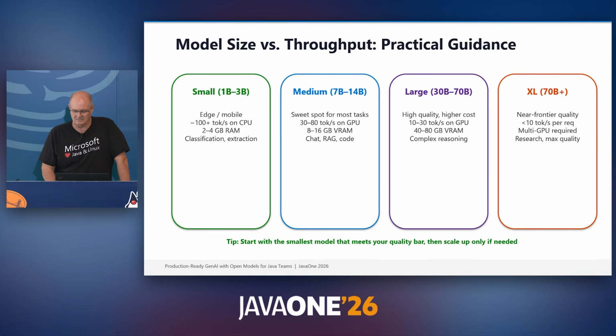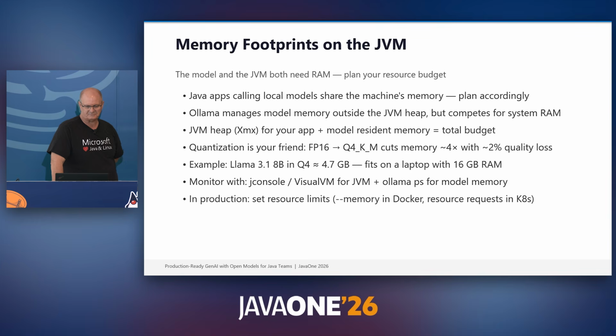So 70 billion plus is a big model and will give you the results you want, but it might not be good in terms of memory usage and what you actually need it for. It might be way more than you need. That's the whole point of this slide: the tip at the bottom is the key. Start with the smallest model that meets your quality bar and then scale up if you need it. So it's all about conservation, really.